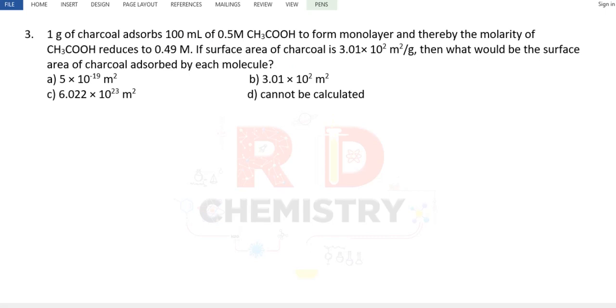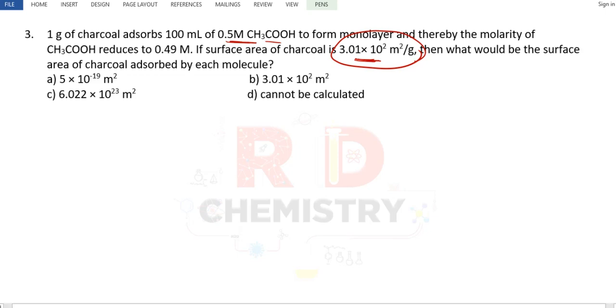Now, we have to find out how many moles of acetic acid are adsorbed on this surface. Moles can be converted into number of molecules. That means on this surface area, how many molecules are adsorbed? Therefore, for one molecule, how much space is required on the surface?